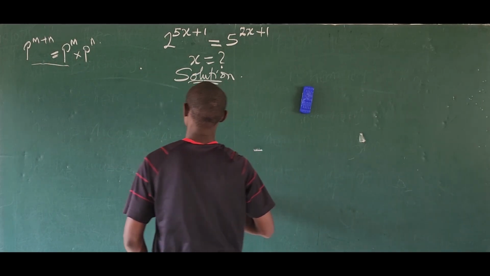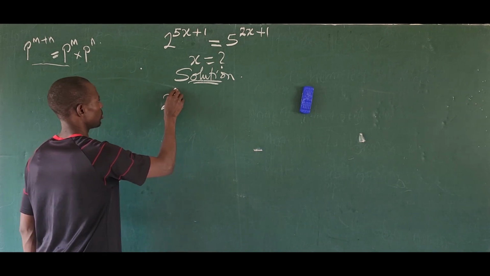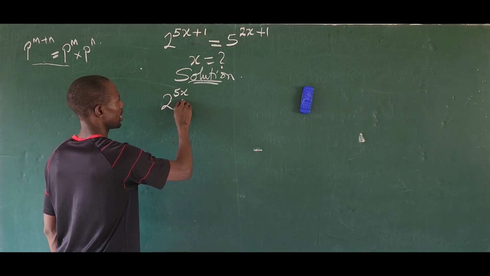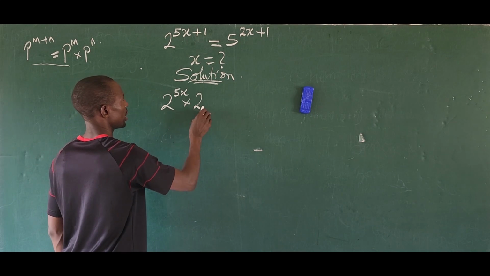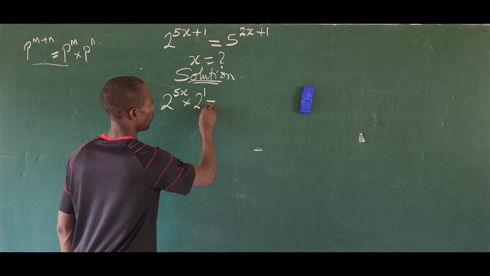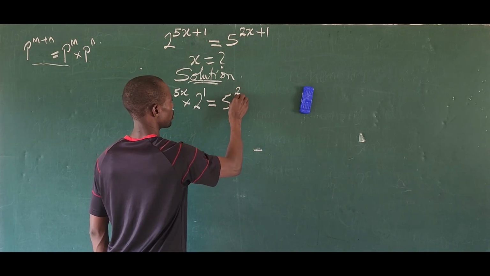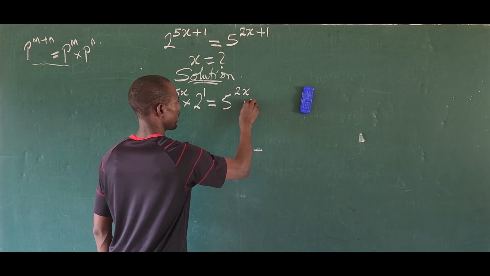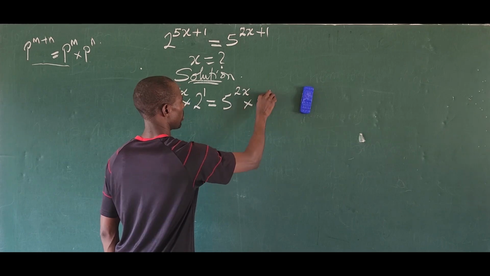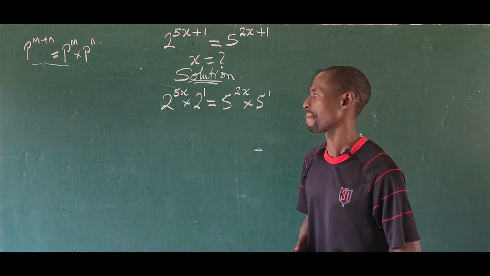So rewriting the left-hand side, we're going to have 2, which is the base number, raised to 5 to the power of x, times 2 again to the power of 1. They're equal to, we do the same thing here, which is 5 to the power of 2x times 5 to the power of 1. Okay, now let's check out this here.